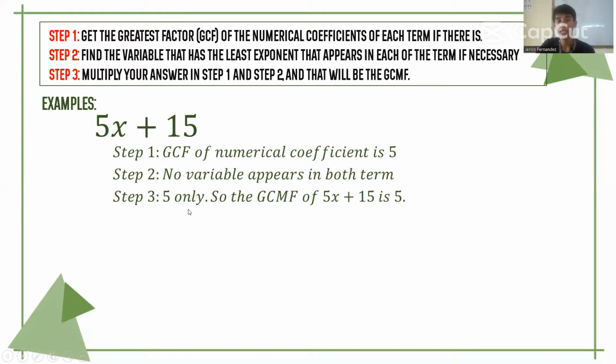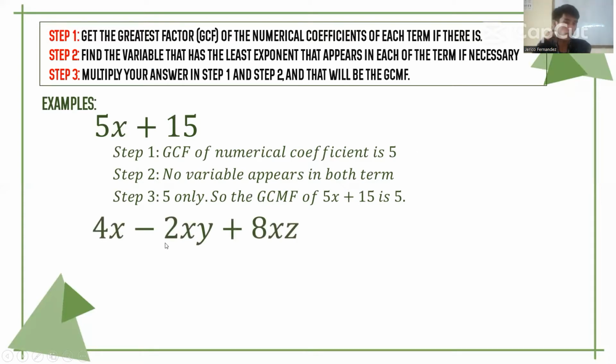So, hindi tayo maglalagay ng variable. Now, we have step 3, 5 only. Kasi, wala namang variable. So, the GCMF of 5x plus 15 is 5. Tingnan nyo yun, no? 5, 1, 3, 5, 15. Ang greatest common factor ay 5.